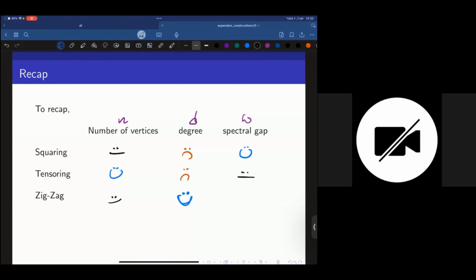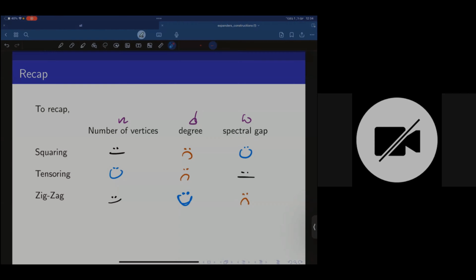And the spectral gap will be sad, but not as sad. The happy faces are more happy than the sad faces in this story. You have the same number everywhere, but you're going to be very happy and only mildly sad. So when you combine these things, everything will work out.